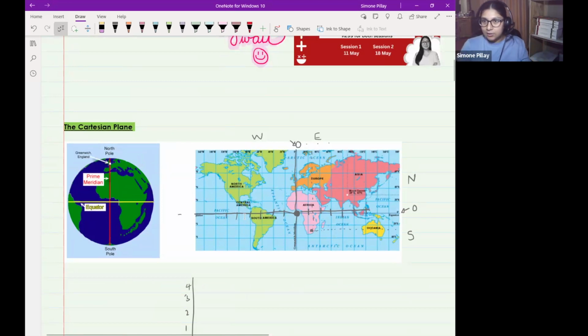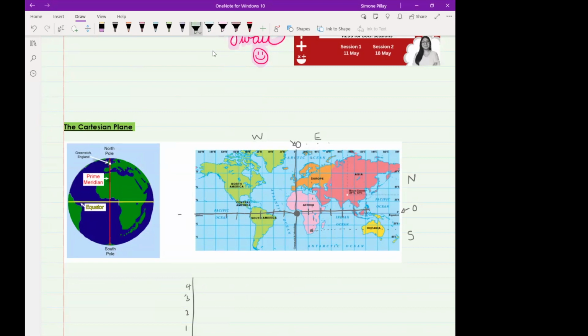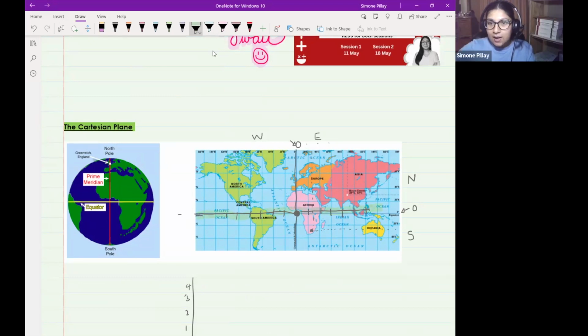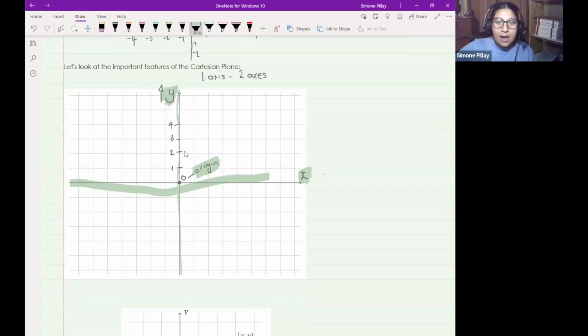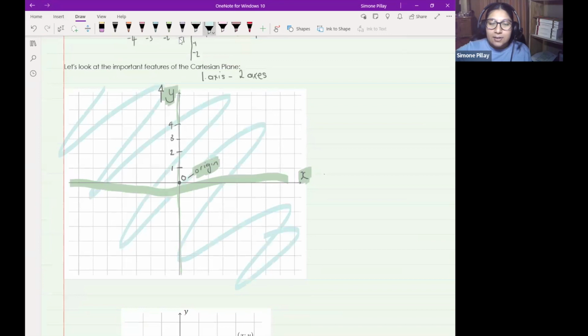I'm just going to read it again to see. Is the Cartesian plane the space along the equator, or is it the two-dimensional coordinates of both? Yes, so when we're dealing with our Cartesian plane, it includes both our axes as well as all of the space that it covers.